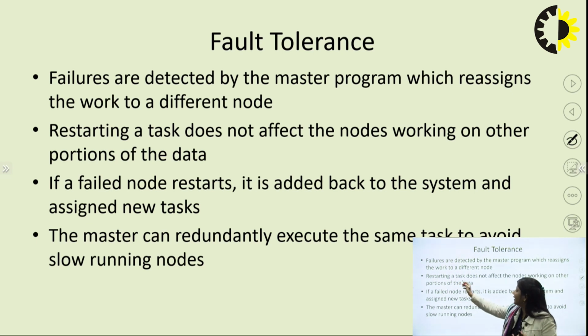Restarting the task doesn't affect the nodes working on another portion of the data. So that task will be restarted if one node fails, and if the failed node restarts, it is added back to the system to be assigned new tasks. So if we repair that node, it is added back to the master node. The master can also redundantly execute the same task to avoid slow-running nodes.